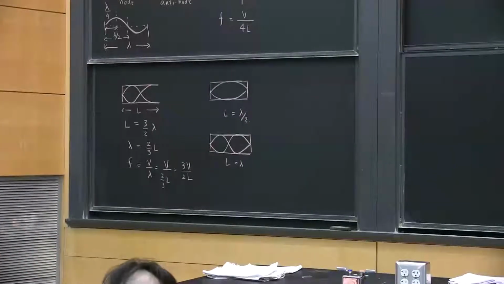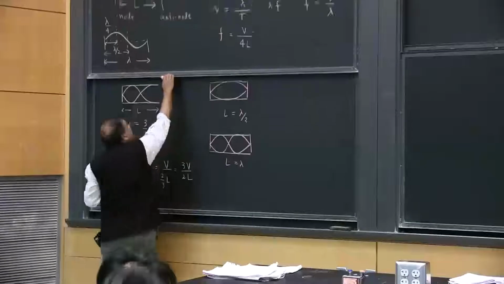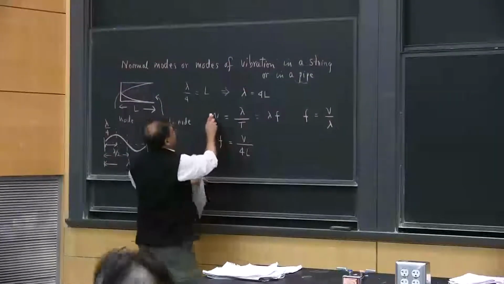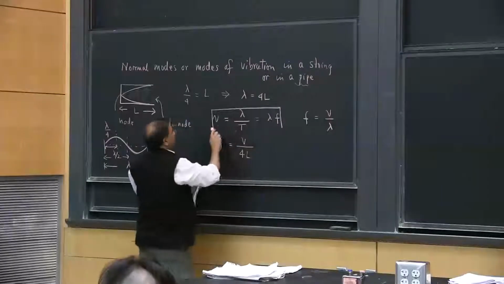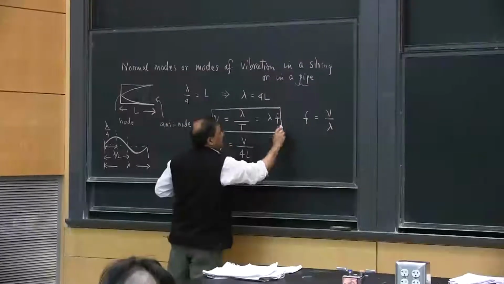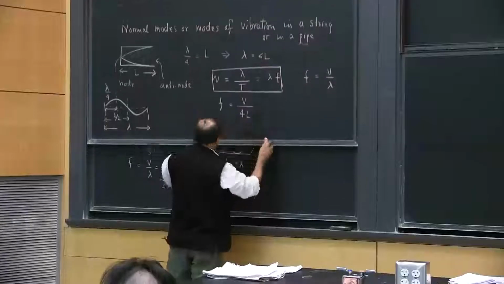It's a matter of just drawing it correctly and then being able to relate L with lambda. And once you know that V is lambda f, which is what I have shown here. One more time, V is lambda f. This is the easiest way to remember it: distance traveled over time taken, lambda over T, which is lambda f. So once you know this, the rest of it is trivial.